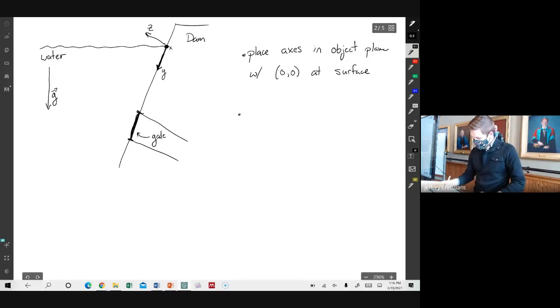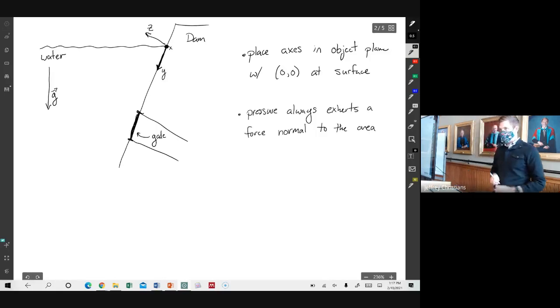Okay, so pressure always exerts a force normal to the area it's acting on. So if pressure is pushing on something, it always pushes normal to the area.